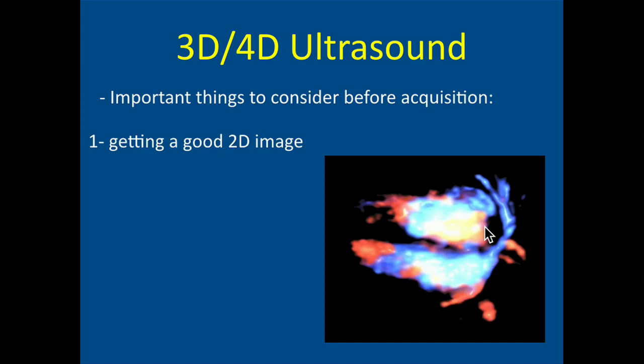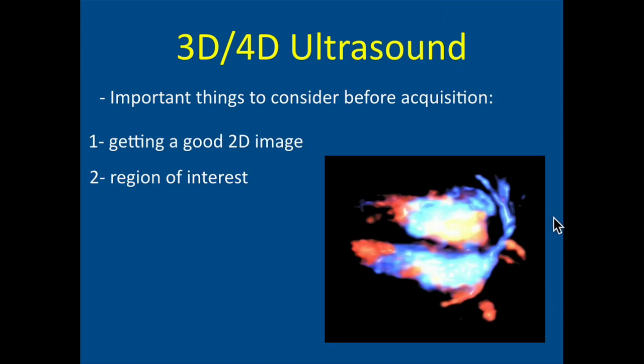I've been surprised on occasion where I have a really lousy 2D face image on maybe a really high BMI patient, and for reasons I can only put down to a stroke of luck, I'm somehow able to pull a beautiful 3D face out of that. But generally speaking, pay attention to everything that Tracy has just told you for 2D image optimization.